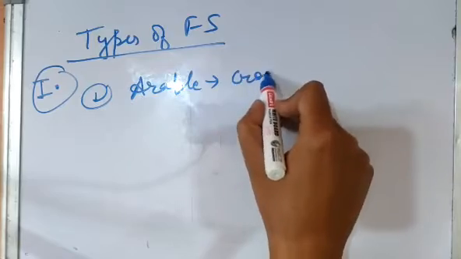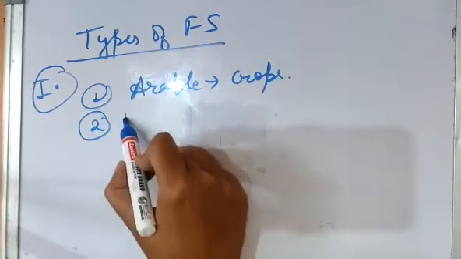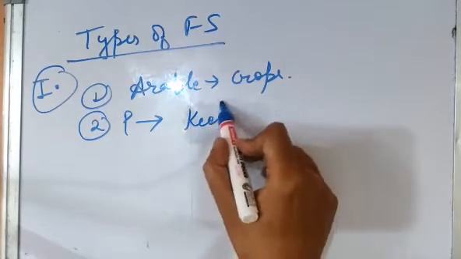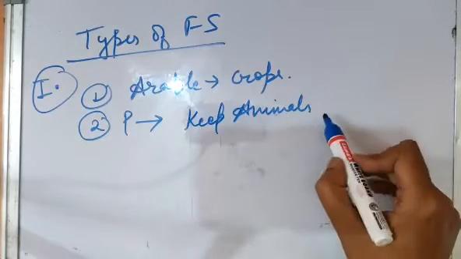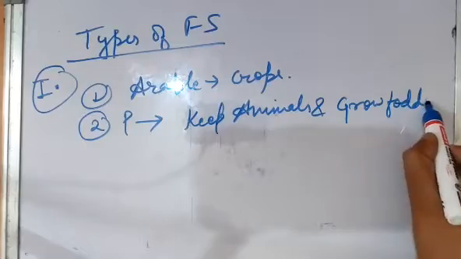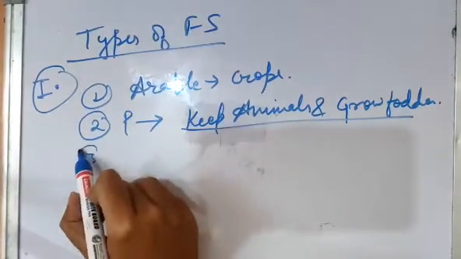Here we grow crops. Number two, pastoral. Here we keep animals, and grow fodder so that it is helpful in feeding those animals.